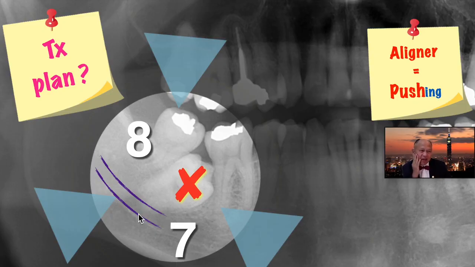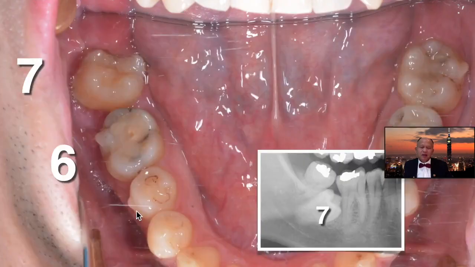As a matter of fact, six years ago in the United States, there was a case: they took out this tooth, and it turned out the nerve got numb. The patient sued the doctor, and they lost $2 million US. If I have $2 million US, I want to keep it in my pocket. So I don't want my oral surgeon and myself to run into this risk. Instead, I want to take out the 8, and I want to upright the 7.